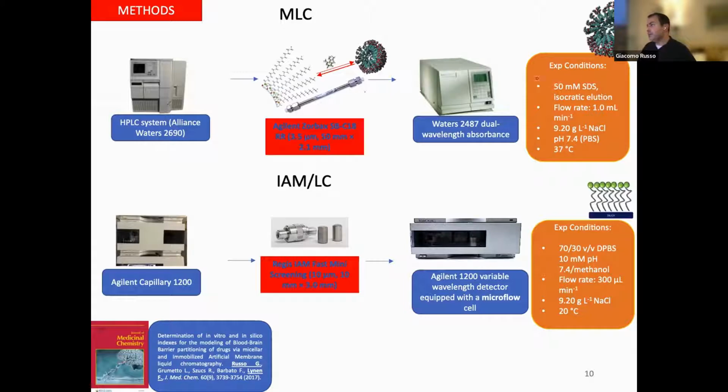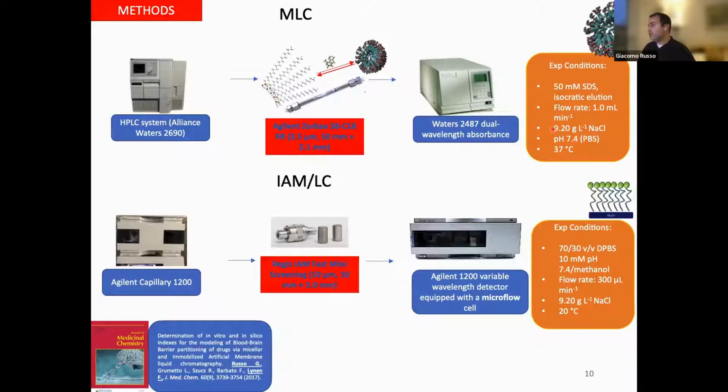The micelles were generated by adding 50 millimolar sodium dodecyl sulfate and performing an isocratic elution. Because when you do micellar liquid chromatography, you don't necessarily need to add an organic modifier, or it's even worse because it increases the CMC, but you can achieve elution using fully aqueous media.